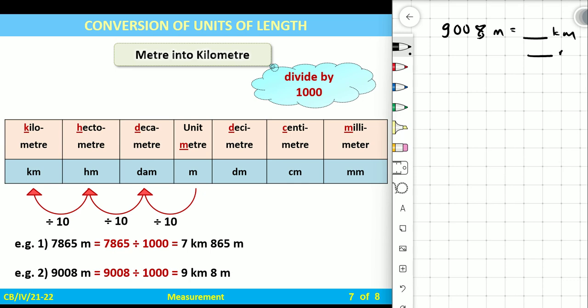9008 meter is equal to dash kilometer and dash meter. Again we have to go from meter to kilometer, so we must divide because it is a smaller unit going to a bigger unit.